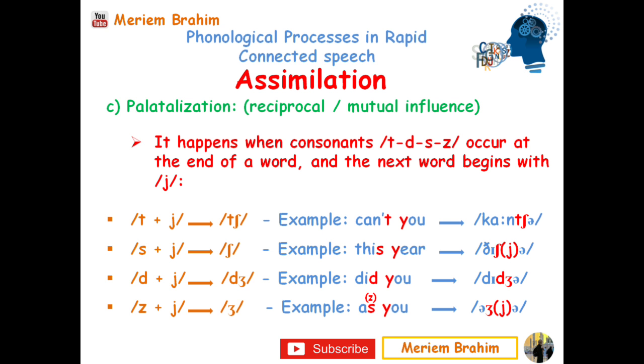Another case: when the first word ends with the d sound and the second word starts with the y sound, they come up with the sound j. Example, "did you" becomes "didja". Another case: we have the sound z at the end of the first word and the sound y at the beginning of the second word.